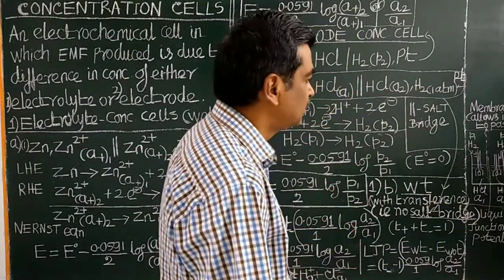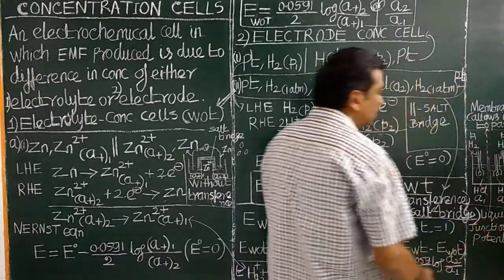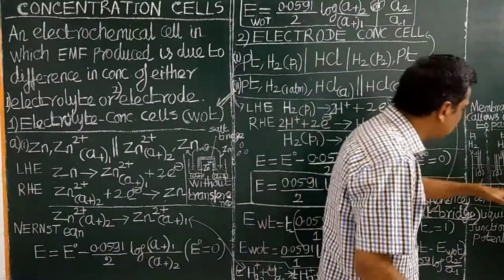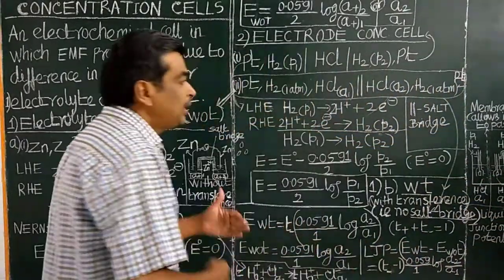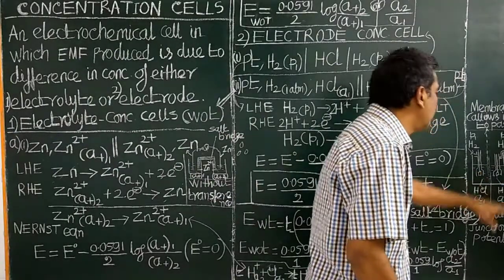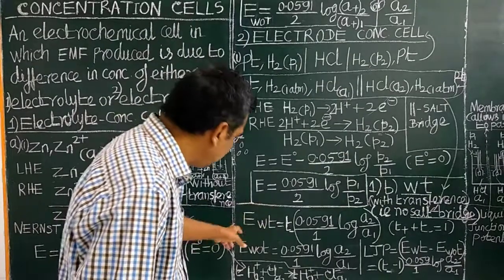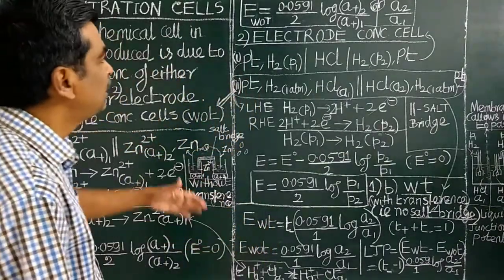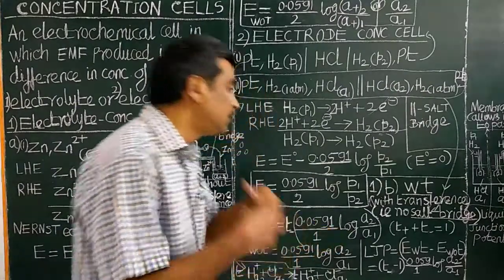Diffusion of ions across the membrane, which allows only ions to pass through. So the two electrolytic solutions of different concentration are in contact with each other because of the transport of ions from here to here. Now the EMF of the electrolyte concentration cell, including transport number.